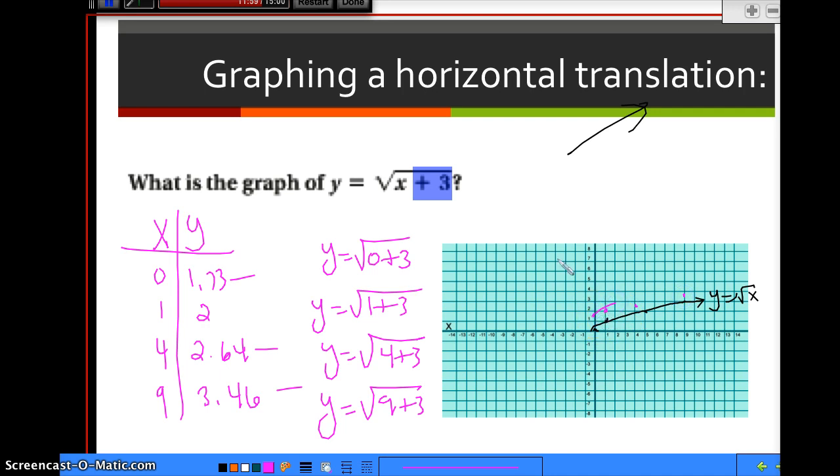So you can't do this that well. It's hard to make your curve. But there it is. That is y is equal to the square root of x plus 3.